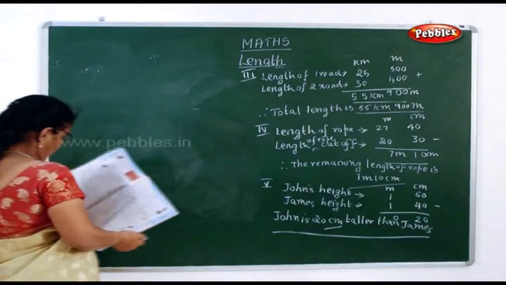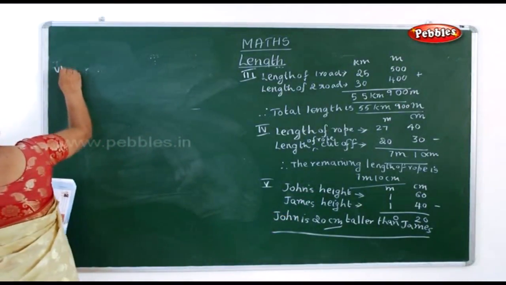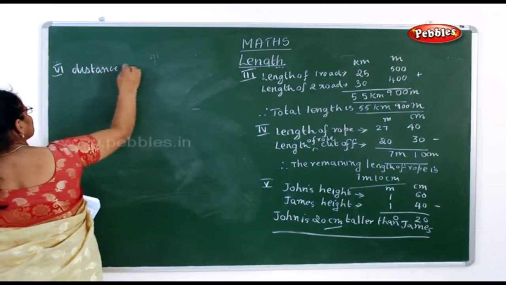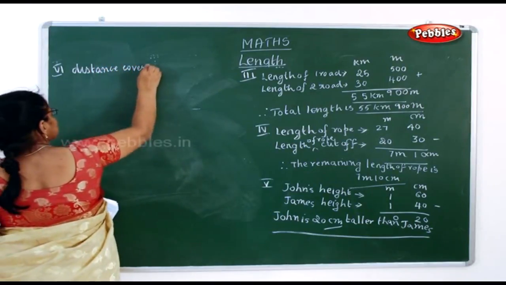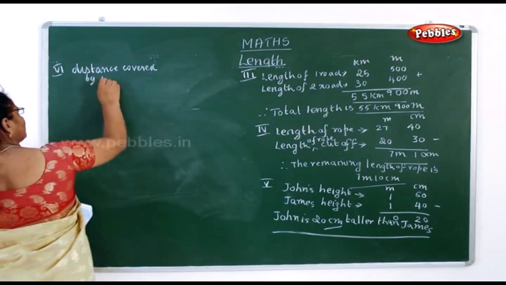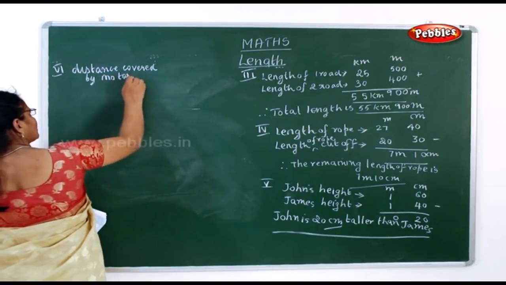So now what is the question? Sixth sum. The distance covered by, what is the first thing? Covered by motor boat. Distance covered by motor boat.